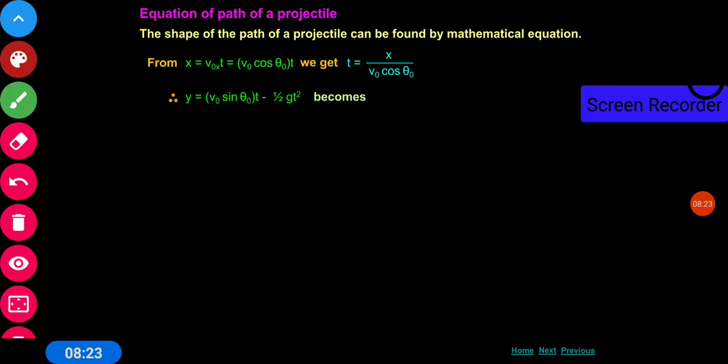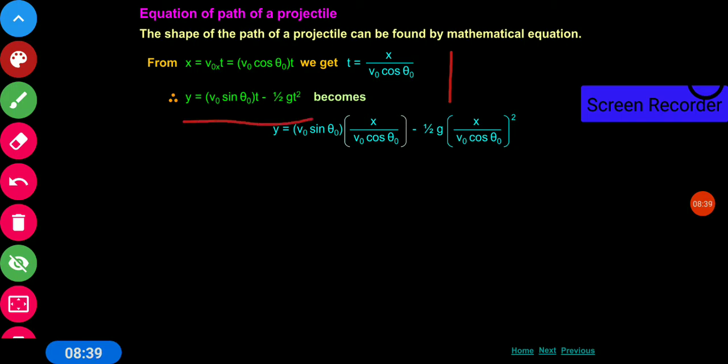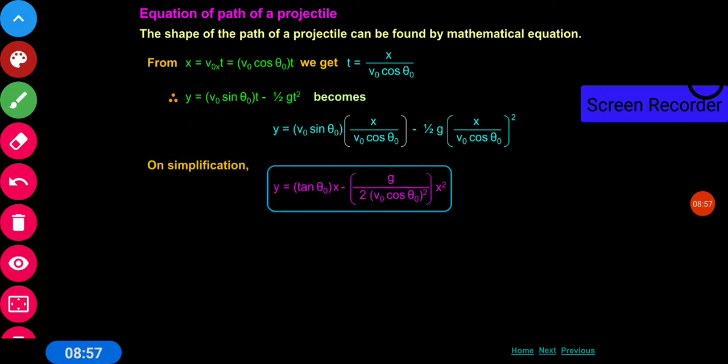And from the equation y = v0 sinθ0 t − ½gt², putting the value of t, this reduces to y = v0 sinθ0 × x/(v0 cosθ0) − ½g (x/(v0 cosθ0))². On simplification this equation reduces to this form.